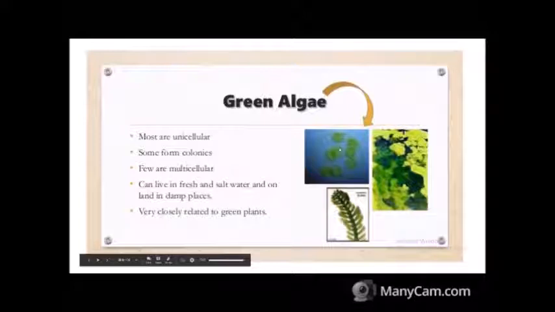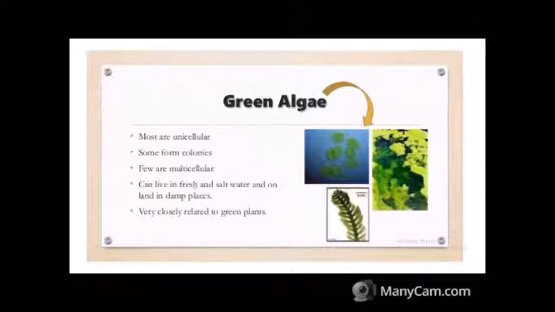So each of these are separate cells. And this is a colony. Here's a bigger macroscopic view of a colony. Here's another colony that's formed. There are a few that are multicellular. They can live in both fresh and salt water, so there are lots of saltwater green algae also. We're just concerned and interested in freshwater versions.